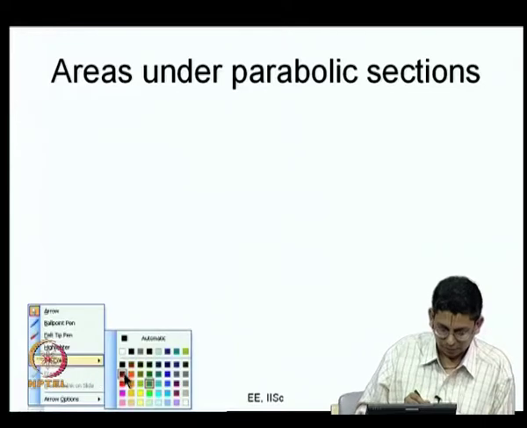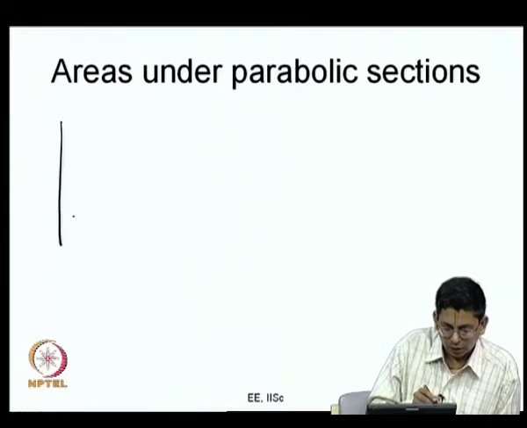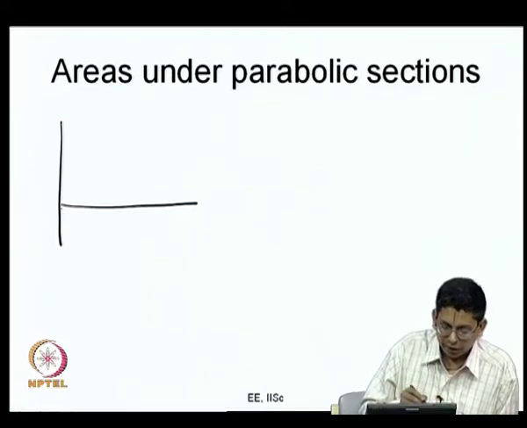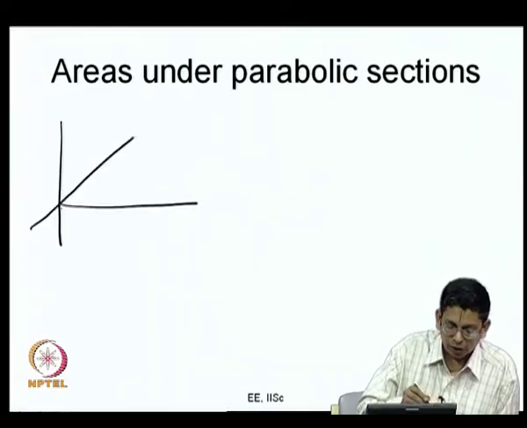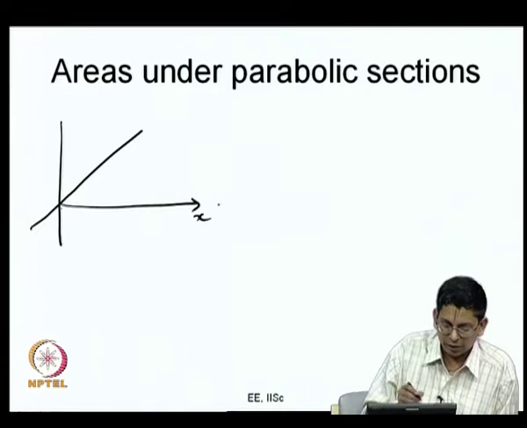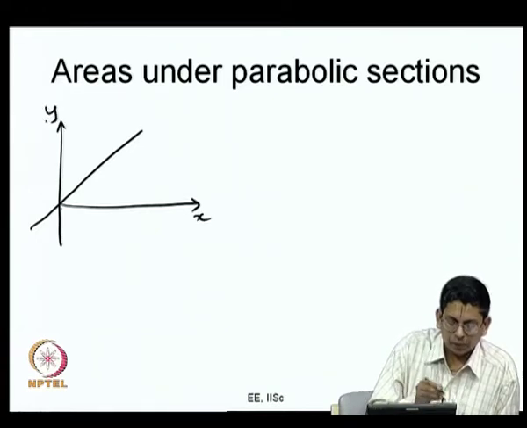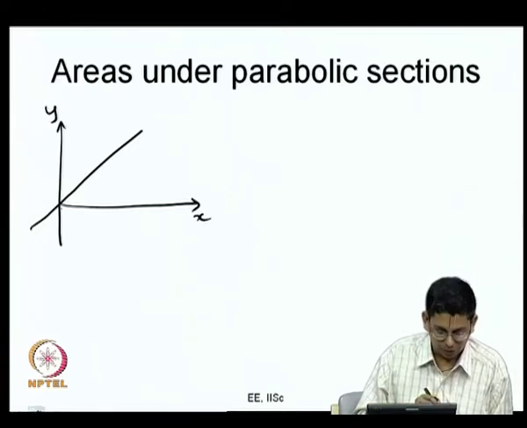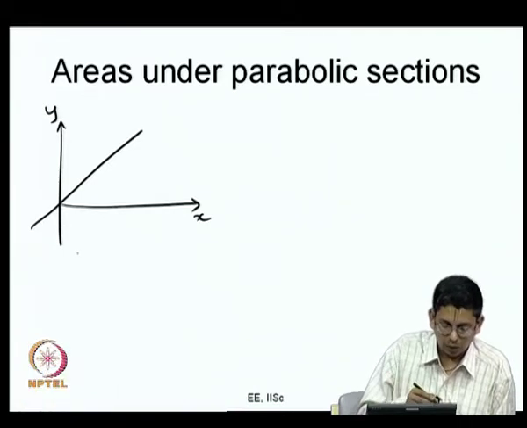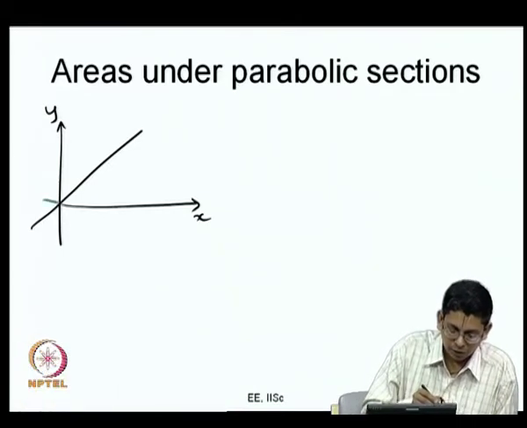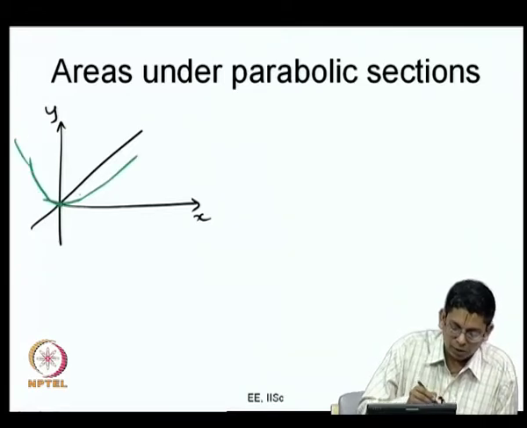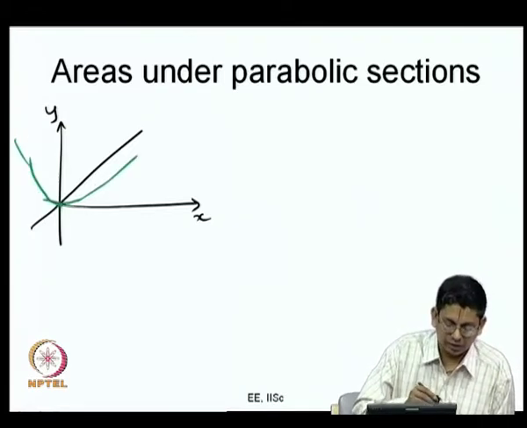So, let us say you have a straight line like this, which passes through the origin. This is x, this is y. If you square this line, what happens? You will get a parabola which would be symmetric on both sides of the y axis.